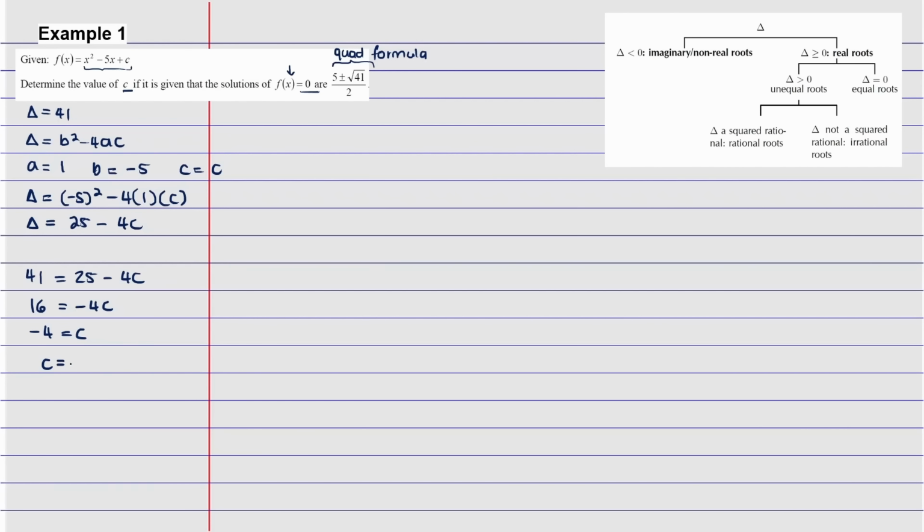So c here is equal to negative 4. That's how you would solve for c. Remember that here we just used this relationship of the quadratic formula, that the delta inside is basically equal to this one. I hope that made sense.